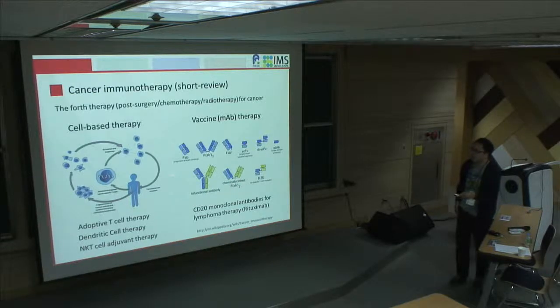On the other hand, there are cell-based therapies, including adoptive T-cell therapy, dendritic cell therapy, and NKT cell adjuvant therapy. In most cases, we take immune cells from a patient, boost or activate them ex vivo, out of the body, and return them.